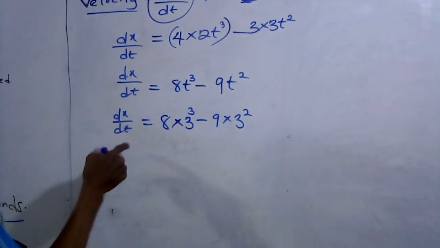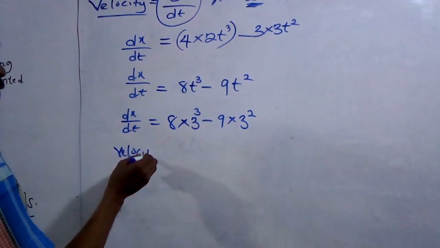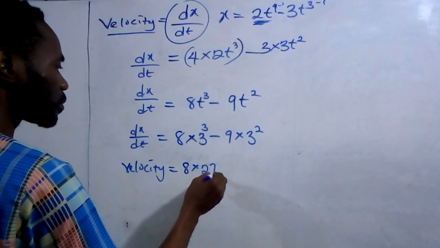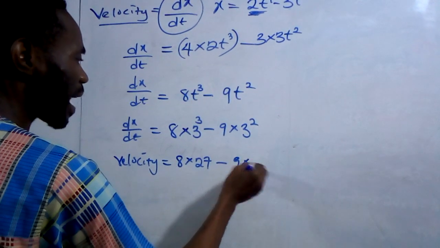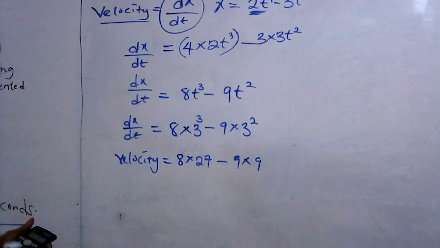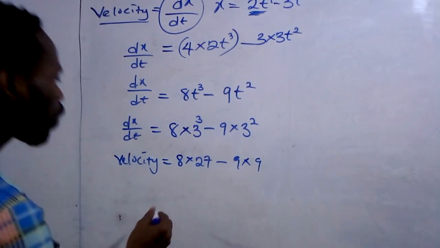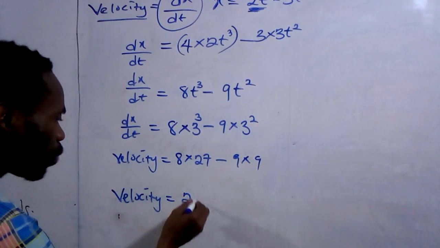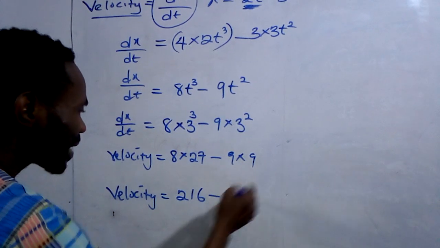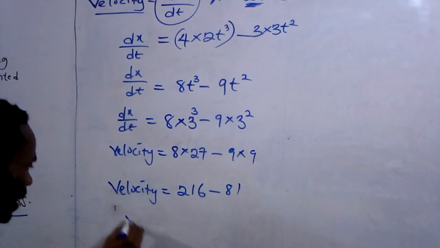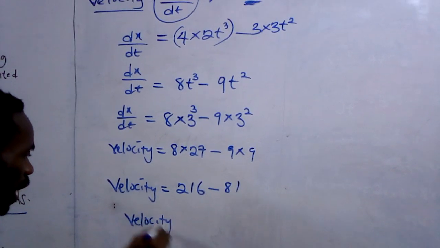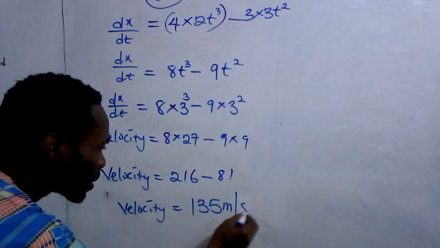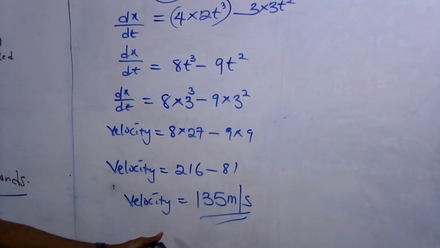So the velocity is 8 times 27 minus 9 times 9. 8 times 27 gives us 216, minus 9 times 9, which is 81. Automatically, the velocity will be equal to 135 meters per second. Remember, the unit for velocity is meters per second.